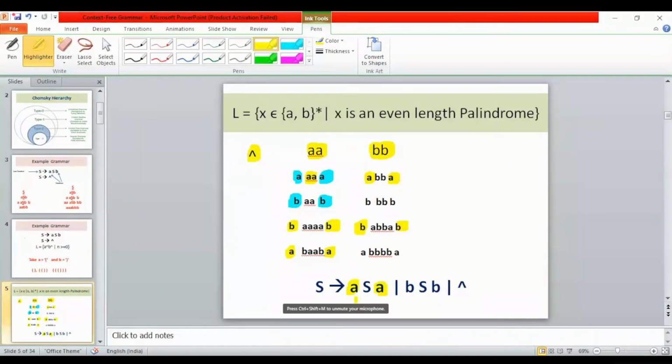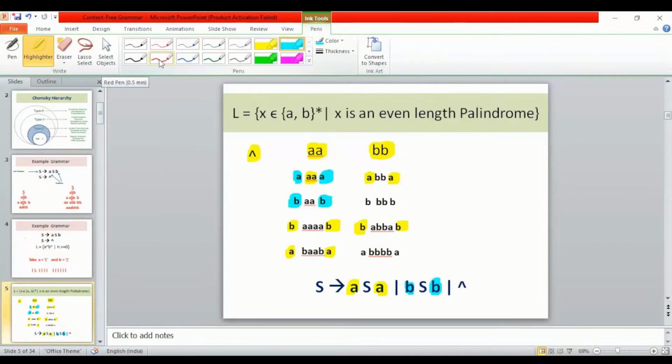So starting from symbol S, we write S gives A S A, so we are appending A on both the sides. Similarly, we have S gives B S B, so we append B on the left hand side and another B on the right hand side of S. That is how we get the rules for this even length palindrome.